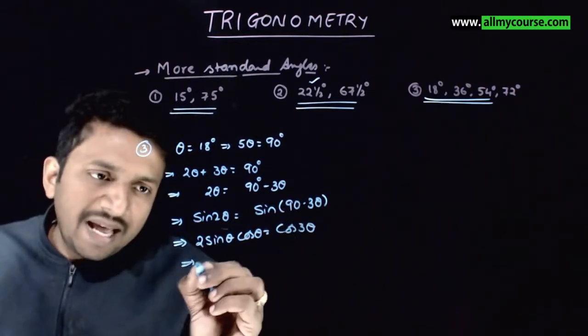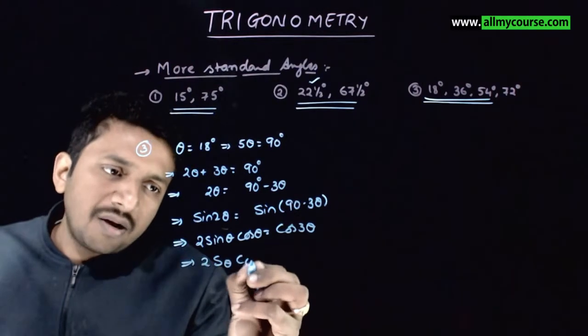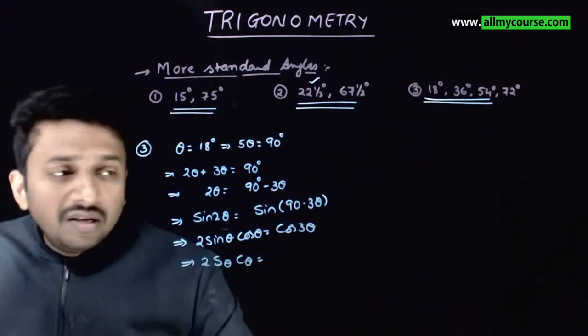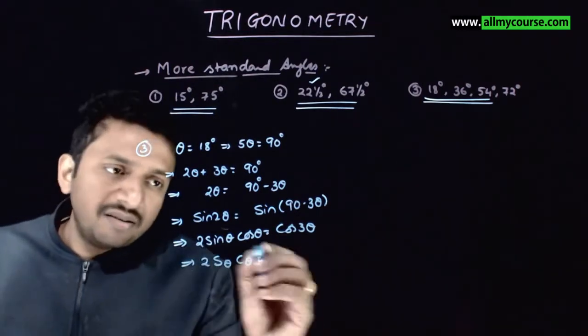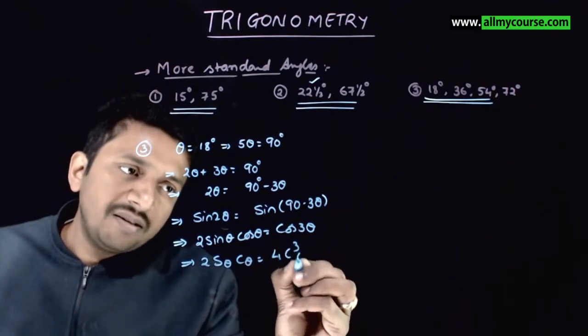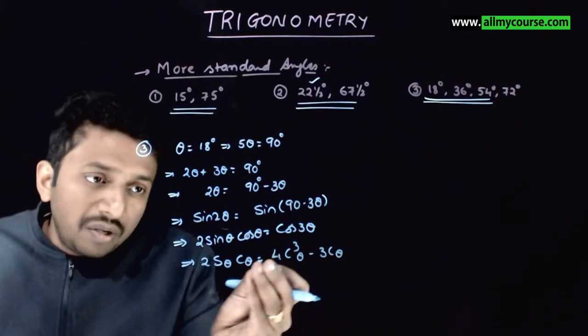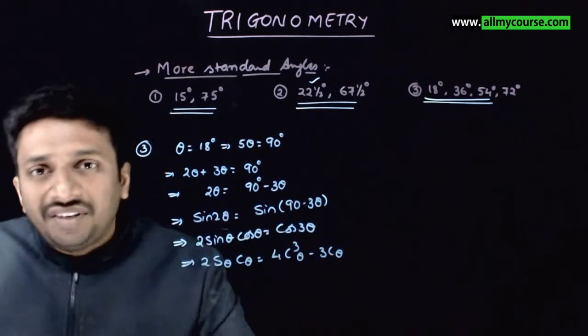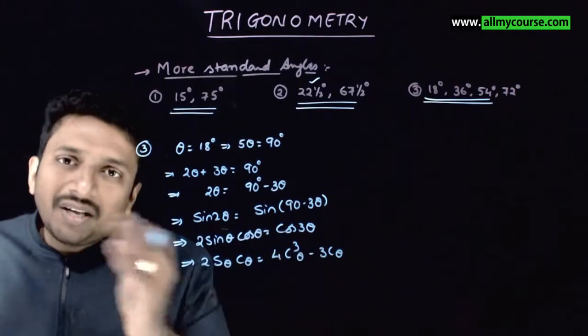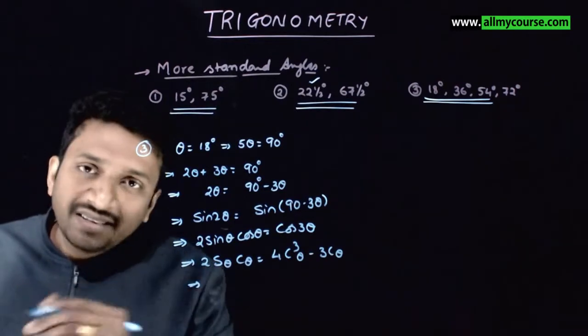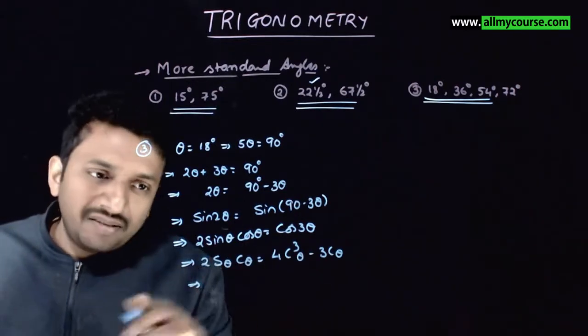So 2 sine theta cos theta is equal to, what is cos 3 theta? 4 cos cube theta minus 3 cos theta. So you have cos theta in each and every term.